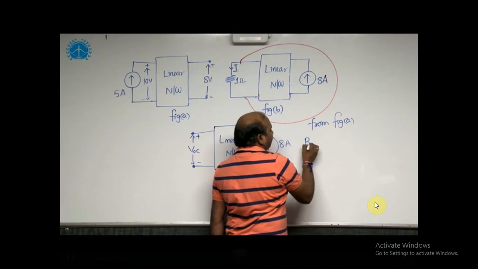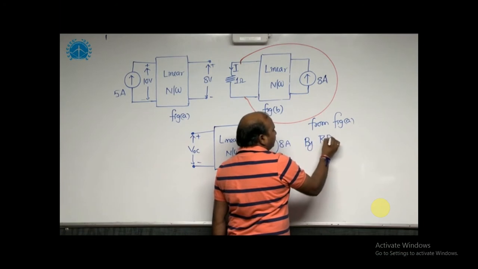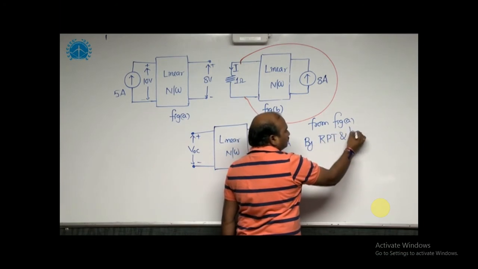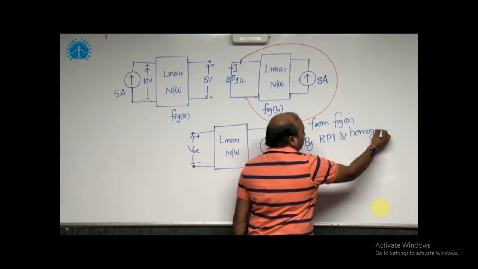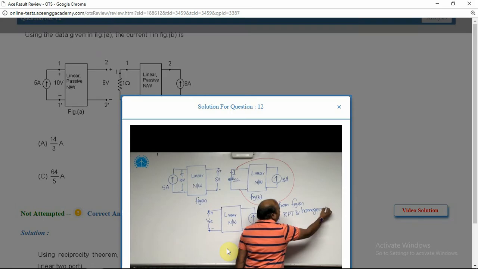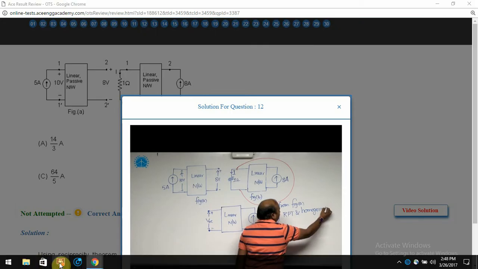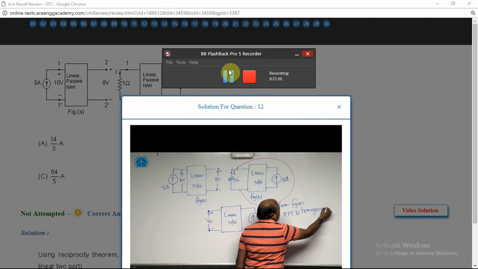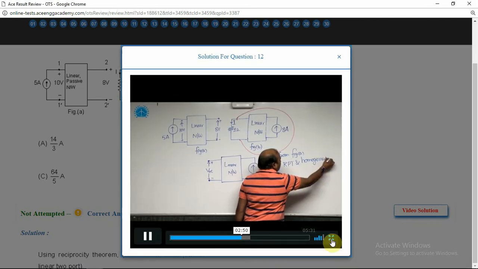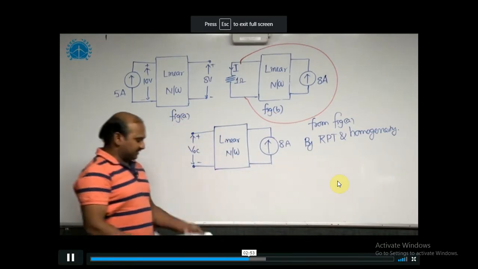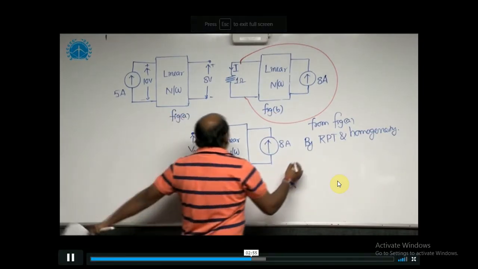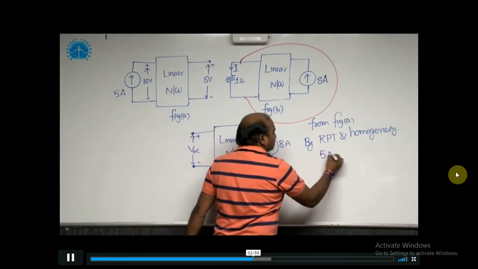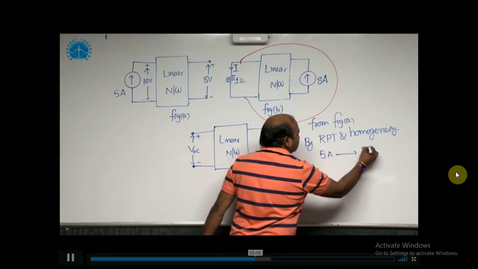By RPT, reciprocity theorem, and homogeneity principle, I can say that for 5 amperes, we are having open circuit voltage of 8 volts.